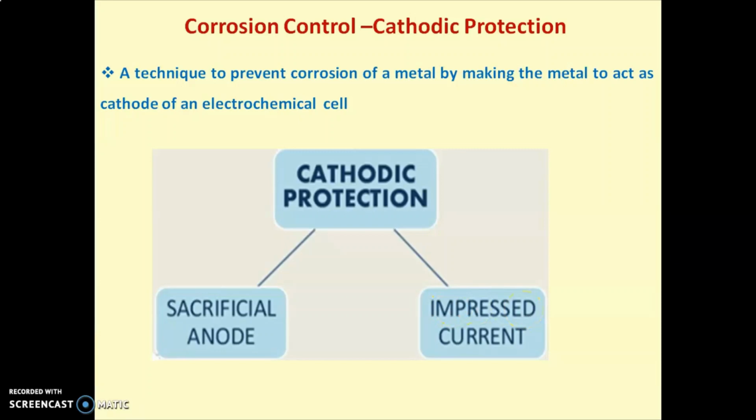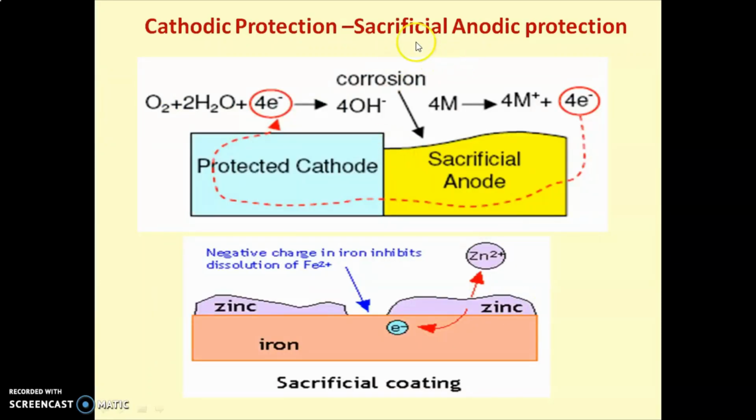Let us have a look into this. One is sacrificial anodic protection. What is this sacrificial anodic protection and why is it so named? Let us take this metal to be protected. As the name says, this is cathodic protection, so the metal to be protected acts as a cathode. That's why it is connected to another metal which is more reactive than this metal. Then this other metal undergoes corrosion because it is more reactive as compared to the base metal which needs to be protected.